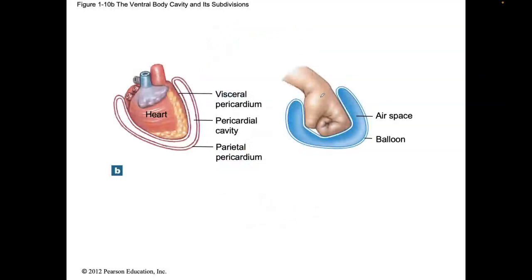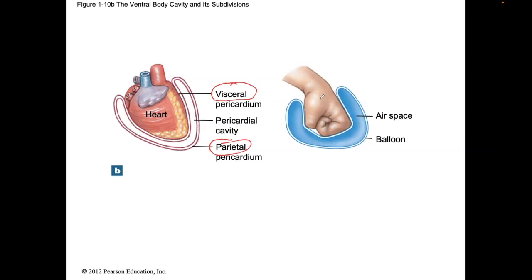So how do we understand these cavities and be comfortable with names? The two names that I need you to understand are this term visceral and this term parietal. Because we're going to see visceral and parietal whether we're talking about the pericardium for the heart, the peritoneum for the intestines and the GI tract, or the pleural for the lungs. Visceral and parietal layers.